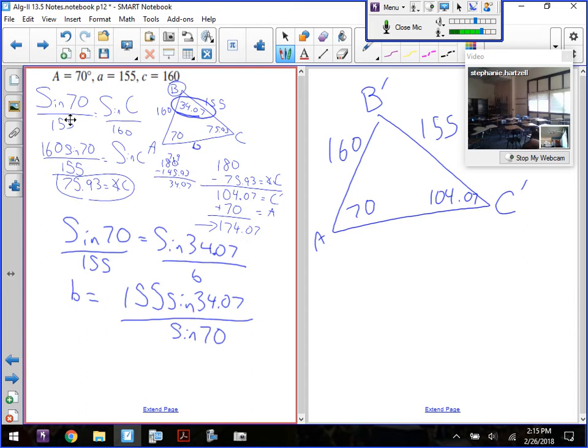If I type that in, so let's see, 155 sine 34.07 divided by sine 70. I get little b at 92.40.